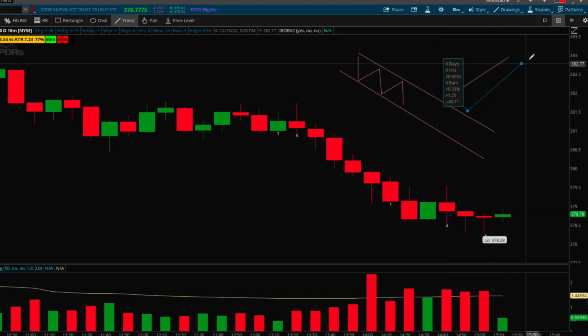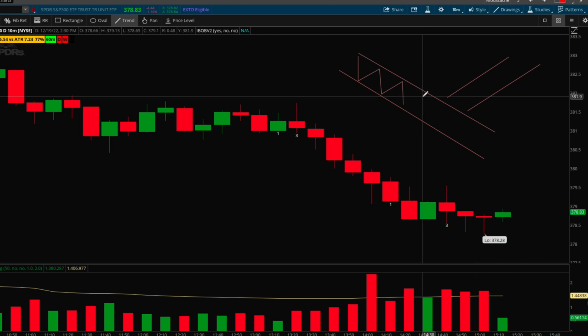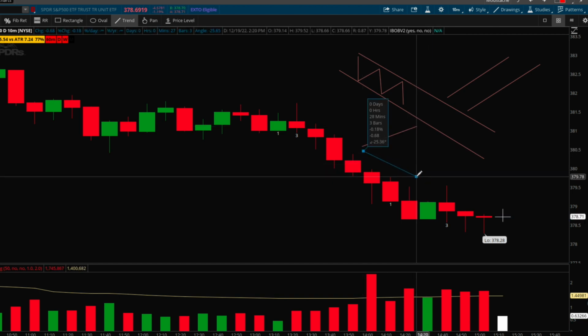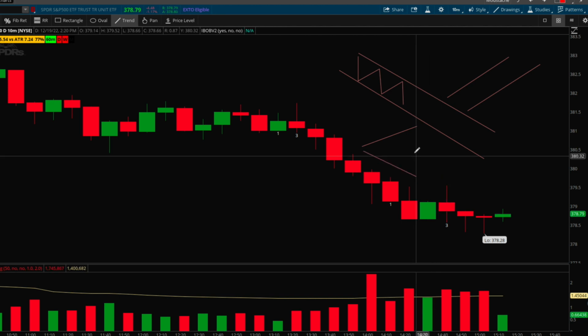Higher highs, higher lows. But when we have an outside bar, like I just mentioned, we have a higher high and a lower low. So instead of looking like one of these channels, what we have is a sort of broadening pattern or formation, we call it.